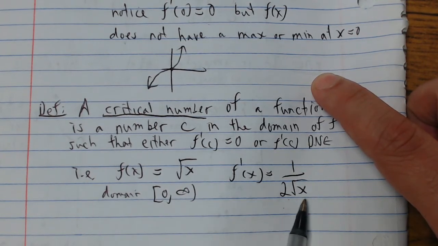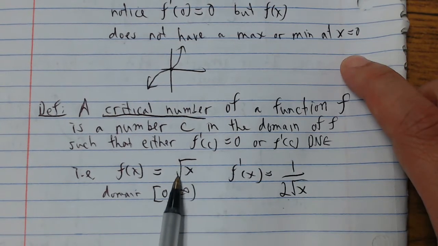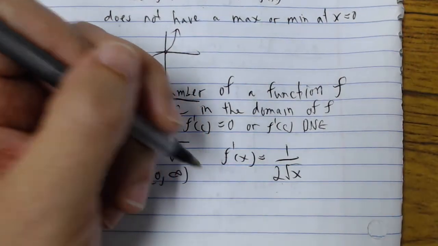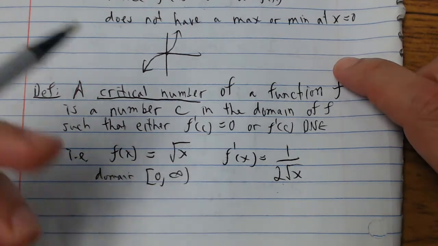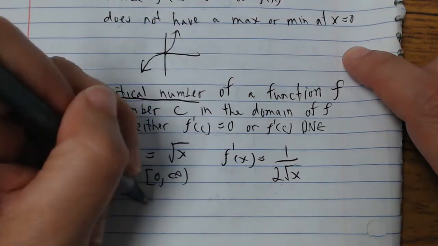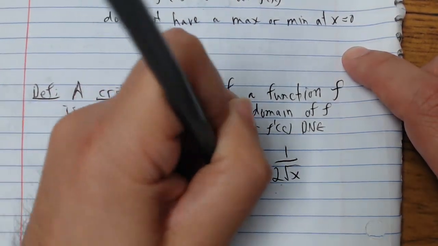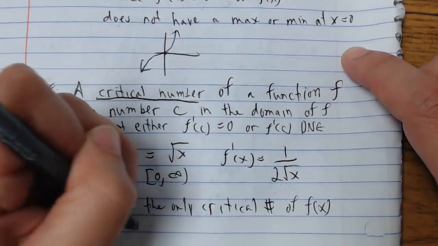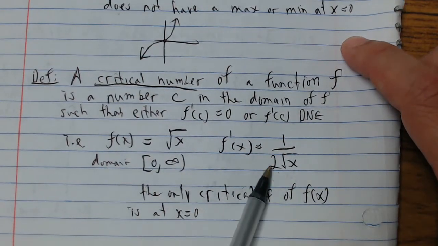Now, you would also notice that this guy's also undefined at -1. But why is -1 not a critical number? Because it's not in the domain of my original function to begin with. So what we notice here is that the only critical number of f of x is at x equals 0, because at x equals 0, my derivative is undefined.